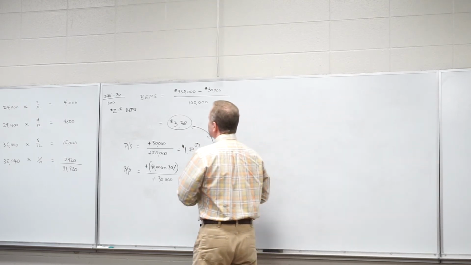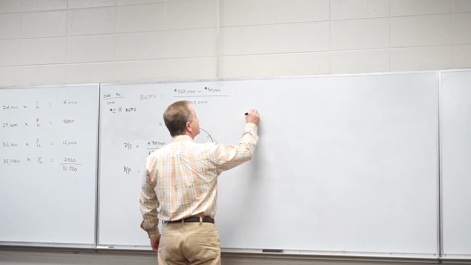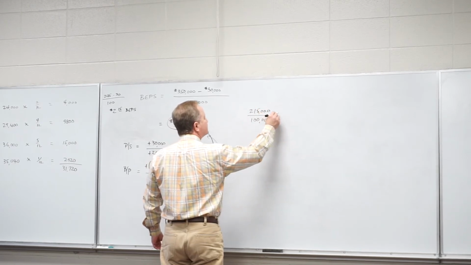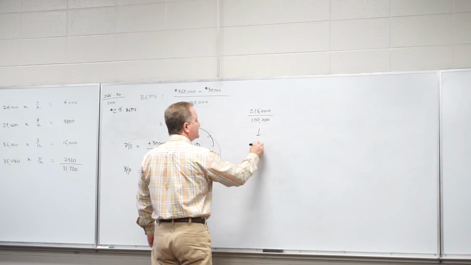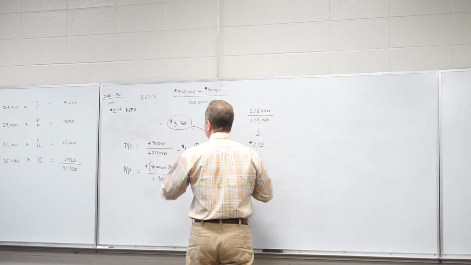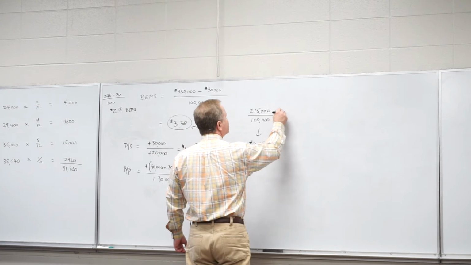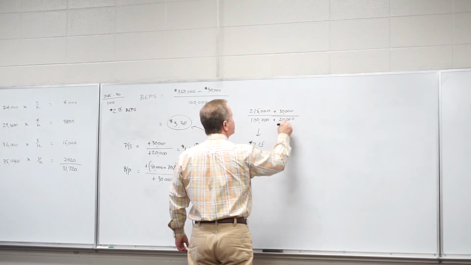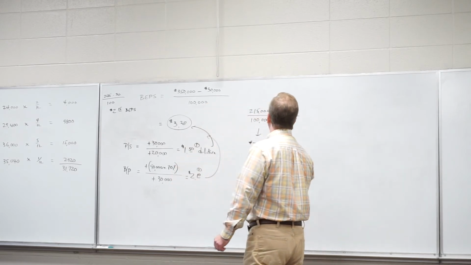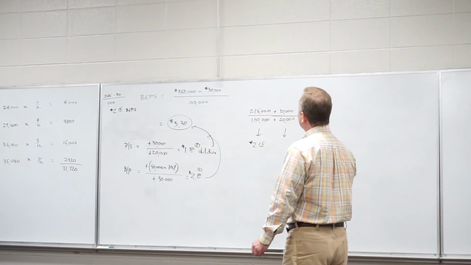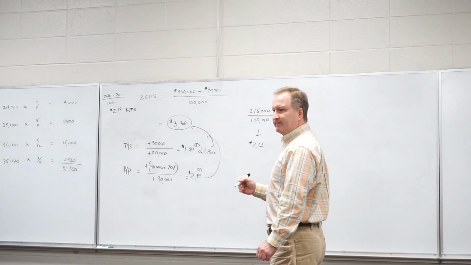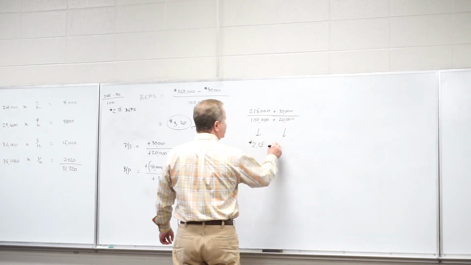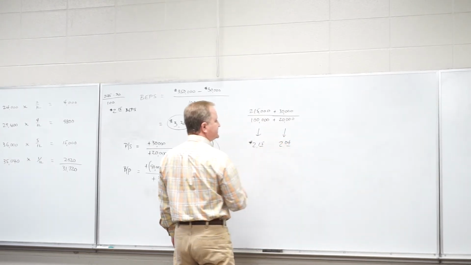So we would go back and start with 215 divided by 100,000. Okay, so that's what gives me $2.15. Then I would take plus 30,000 and plus 20,000. So what's 245,000 divided by 120,000? 2.04. Okay, so that is diluted.